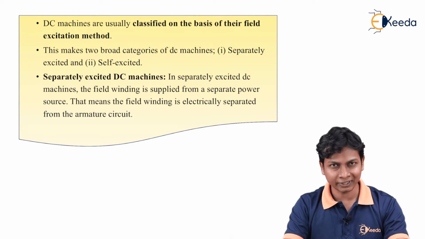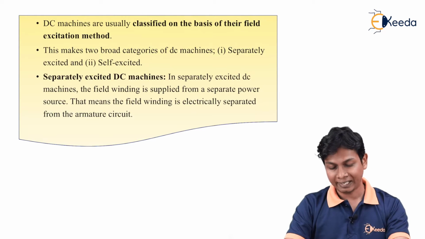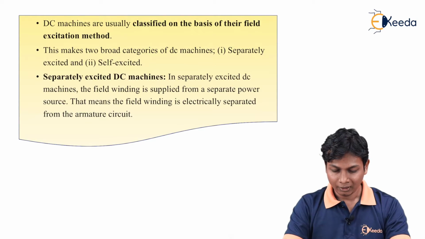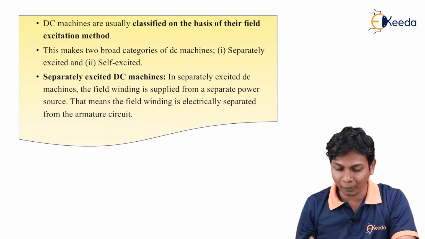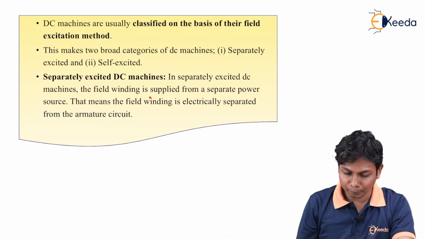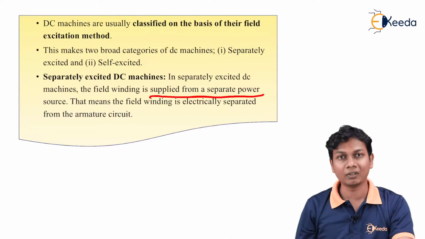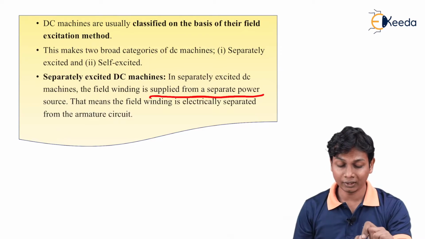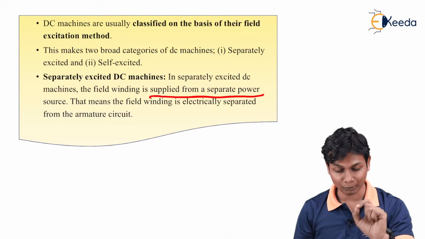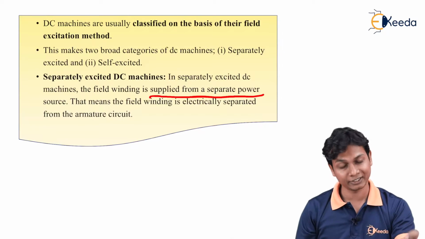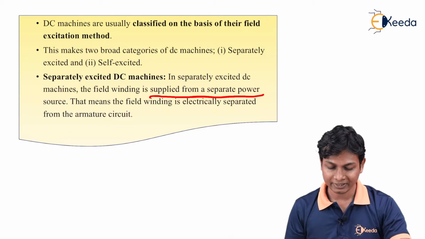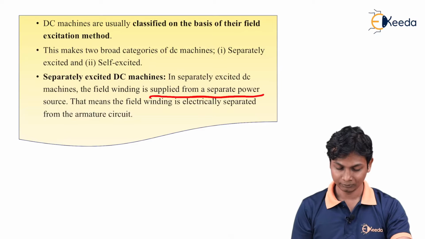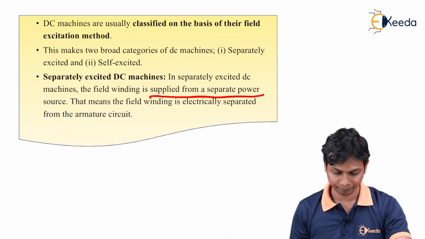As I explained earlier, in a separately excited DC machine, the field winding is supplied from a separate power source. The supply from a separate power source is the main thing in the excitation of a separately excited DC machine, and that means the field winding is electrically separated from the armature circuit.